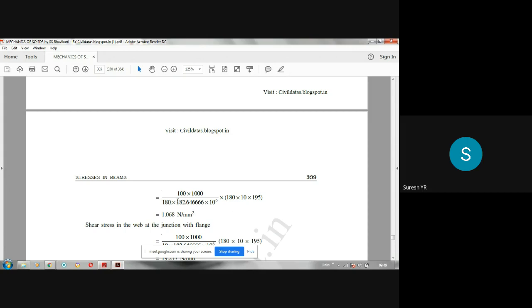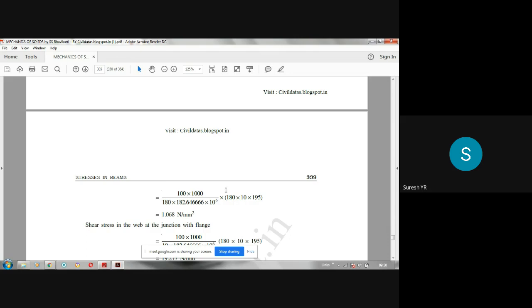Please check that. Then the area is 180 into 10, into the distance of the CG, 195, from the neutral axis. This is the value of shear stress at the bottom of top flange. If you simplify, you will get 1.068 Newton per millimeter square.